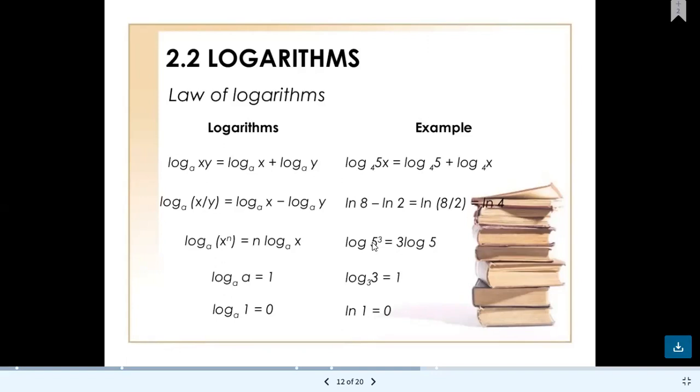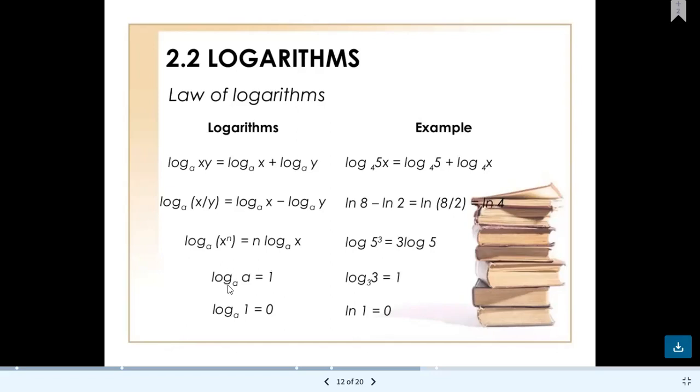So for example, itong log 5 raised to 3. So yung 3 napunta sa harapan ng log. So 3 times log 5. Okay, so kapag exponent, yung exponent napupunta sa unahan ng log. And then yung base, yun is after ng log.